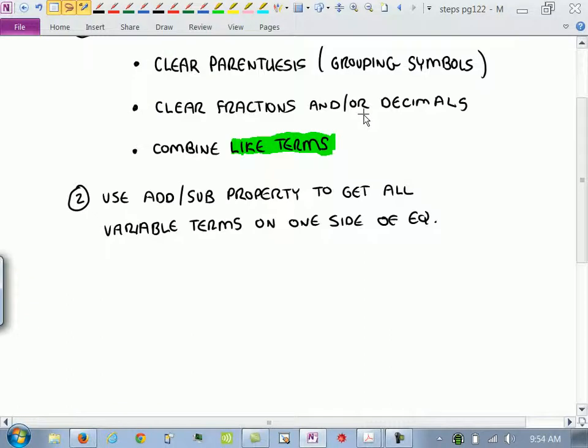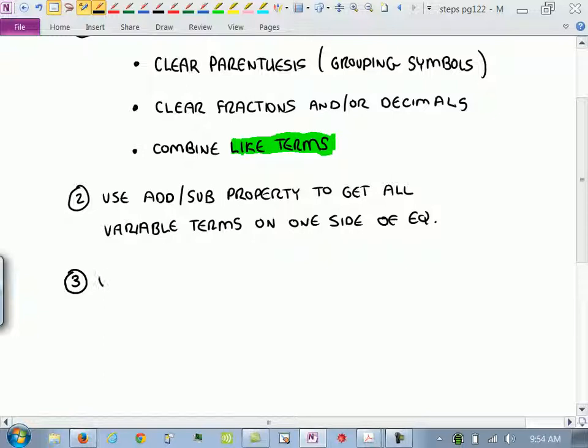Next step, if we get all the variables to one side, then on our next step, we're going to try and get all the numbers, things that don't have variables, to the other side, the opposite side. So that'll be our third step.